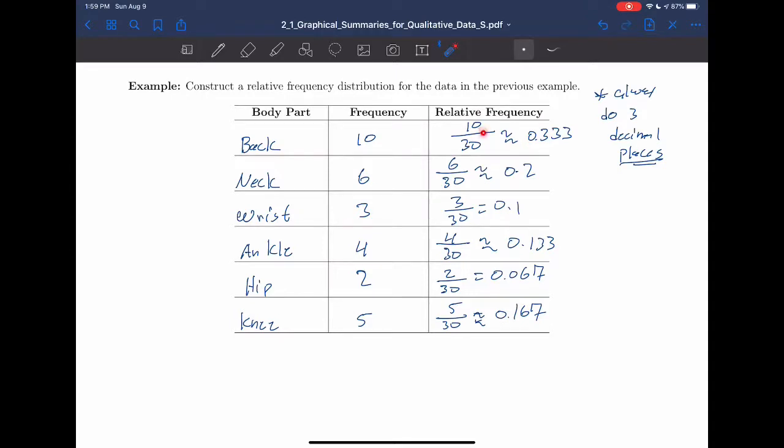So 10 over 30 plus 6 over 30 plus 3 over 30 plus 4 over 30 plus 2 over 30 plus 5 over 30 should give you 30 over 30, which is the same as 1. Also, if you take the sum of the decimals and you get something like 0.9999, then that tells you that there's some sort of rounding error. So something to keep in mind.